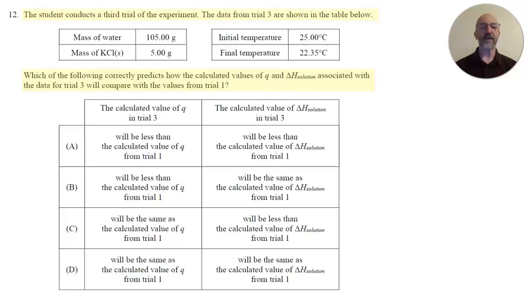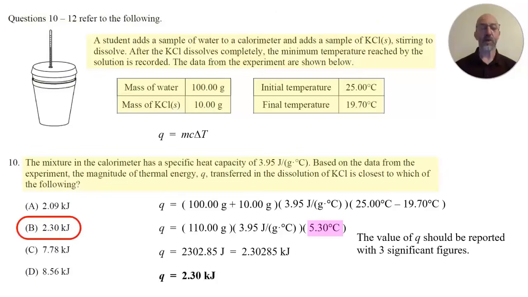So what you should be thinking about is when I add only 5 grams of potassium chloride to the water, instead of adding 10 grams of potassium chloride to the water, how will that affect these results for both Q and delta H? So back in question 10, we had a calculated value for Q of 2.30 kilojoules.